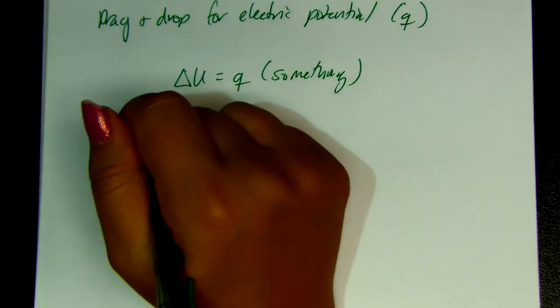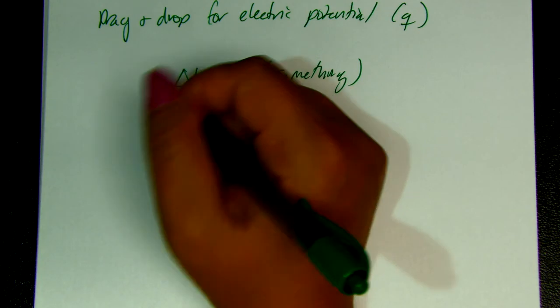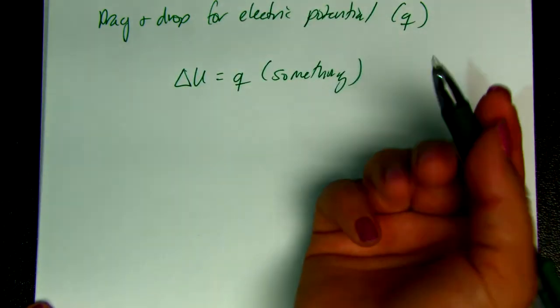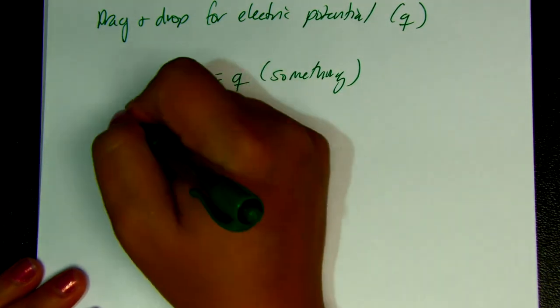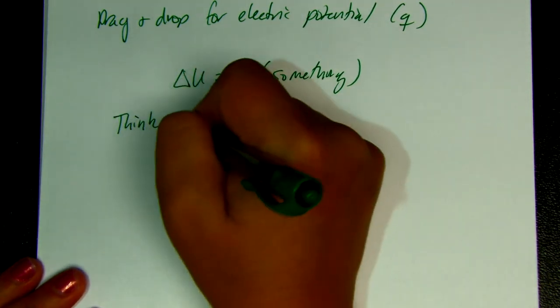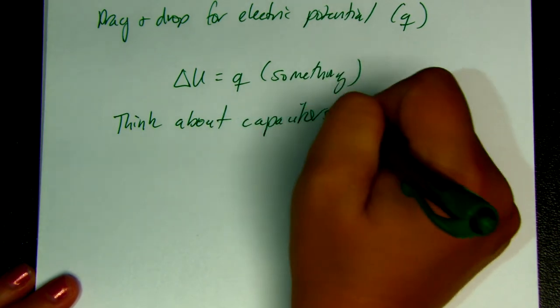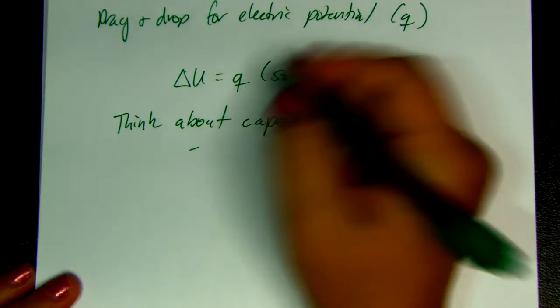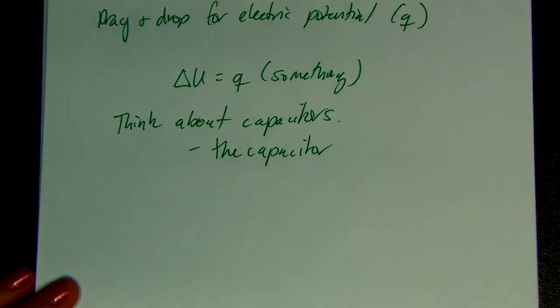Okay, so if we think back to our capacitor setup and the moving protons, electrons, and alphas, there's a few things that stayed the same. So the capacitor stayed the same, which meant the field stayed the same. Nice thing about capacitor fields is they're constant all the way throughout.